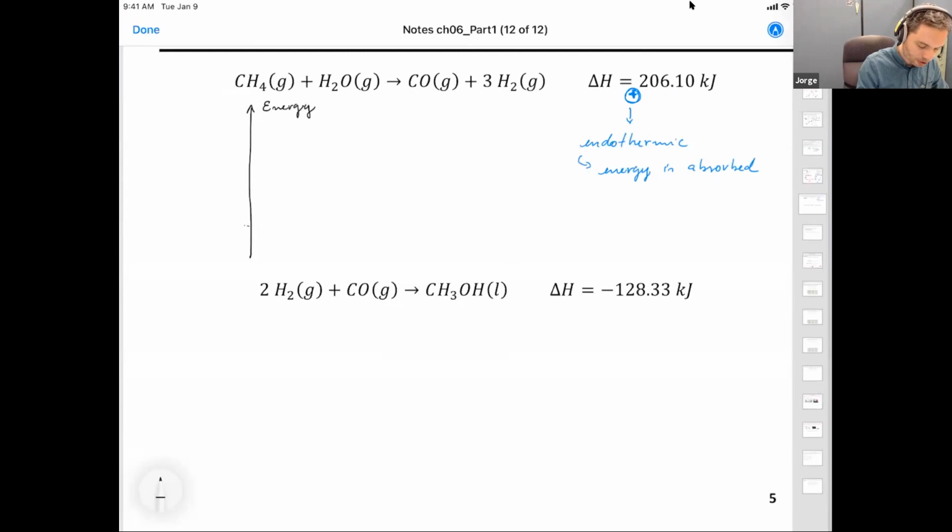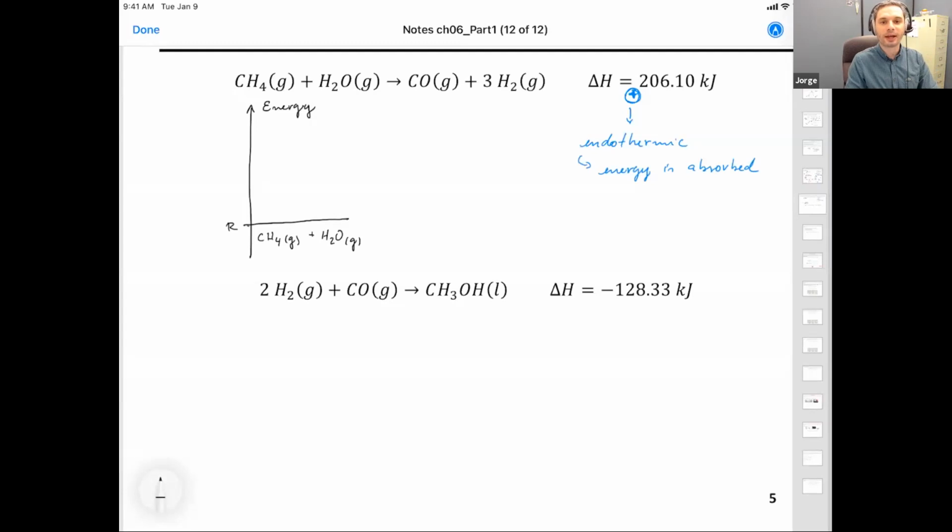For this reaction, we are starting with the reagents right here, and you should write what the reagents are, and very important, start paying attention to the physical state of each reagent and each product, because this is going to make a huge difference.